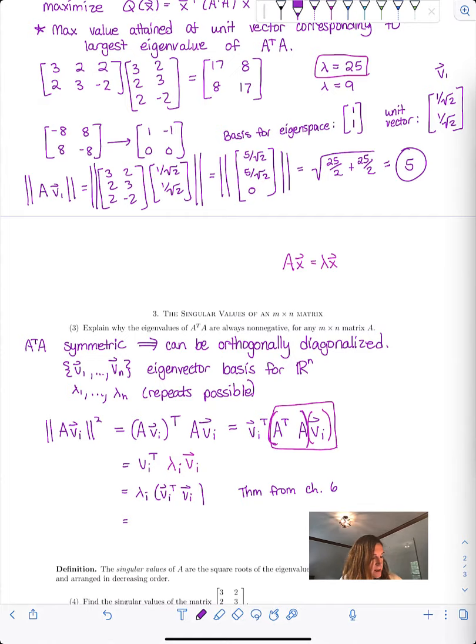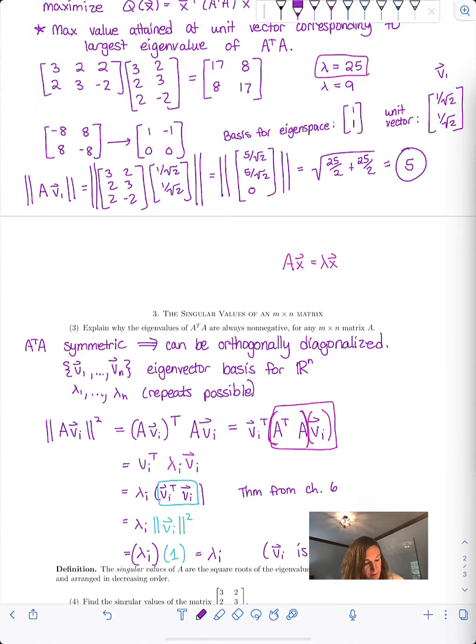But now V transpose Vi is actually the length of Vi squared. But that's a unit vector, and so this just becomes lambda i times 1, which is just lambda i, since Vi is a unit vector.